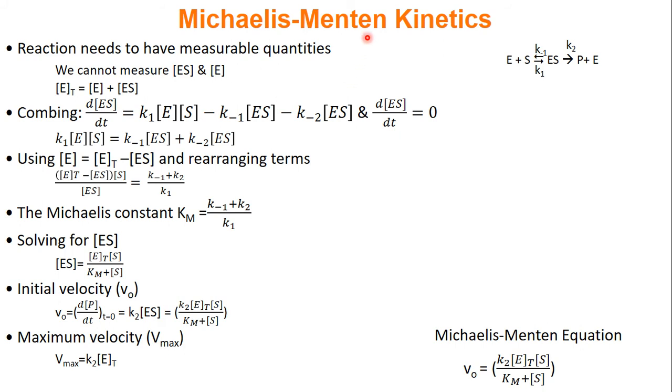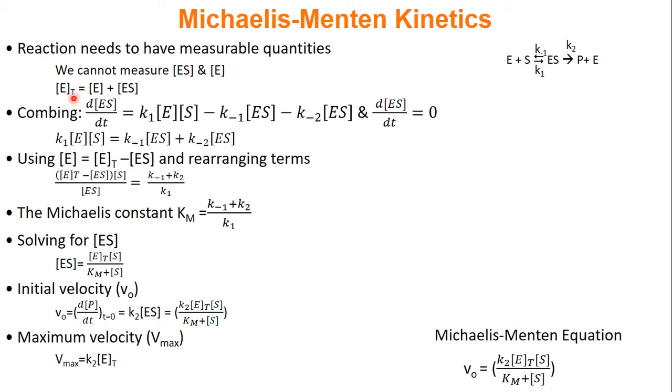Now, we're going to continue with the derivation of Michaelis-Menten here. And when we do a reaction, we need to be able to measure stuff. So in the previous slide, I was talking about enzyme substrate complex and free enzyme, not bound to a substrate. You cannot measure that in a reaction. It's impossible to know.